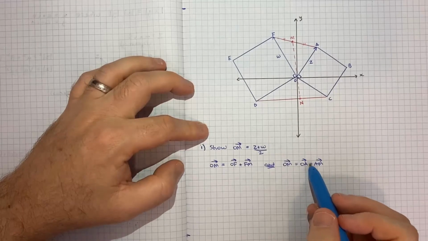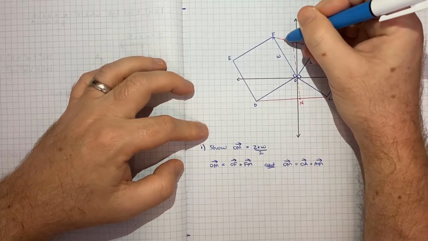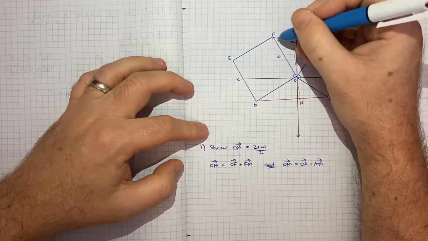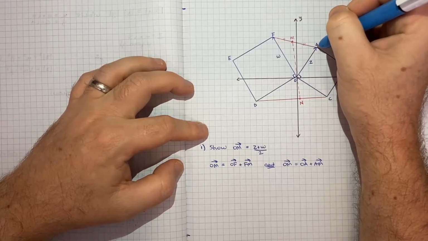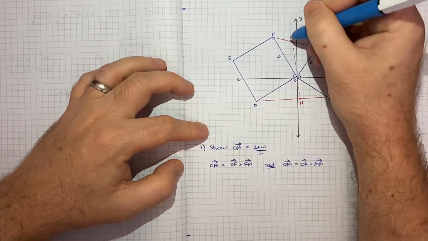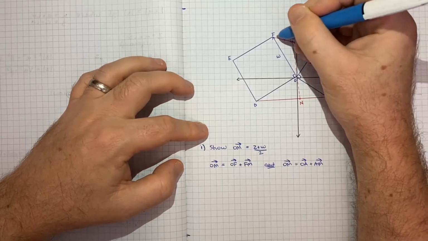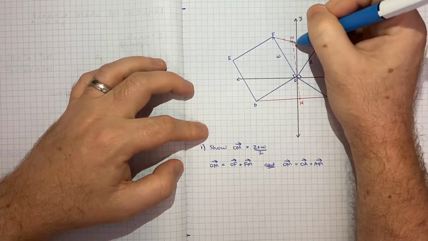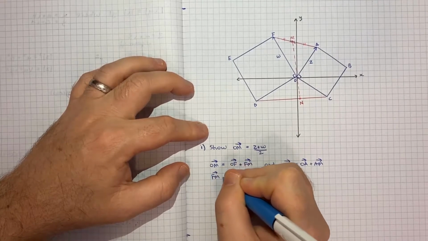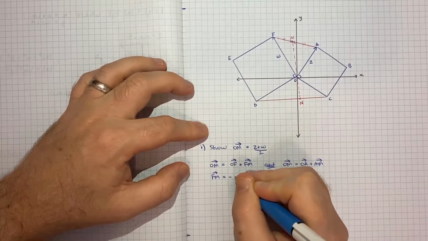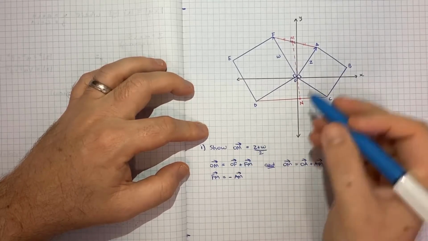Now, the other thing worth noting is that because M is the midpoint of AF, the vectors FM and AM will have the same magnitude, just the opposite direction, because they're both coming to point M from opposite points. So we can say that the vector FM is equal to negative of the vector AM, with the negative just indicating the different direction.